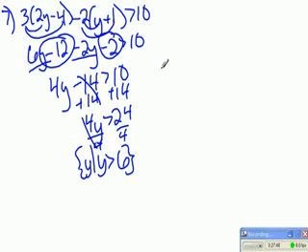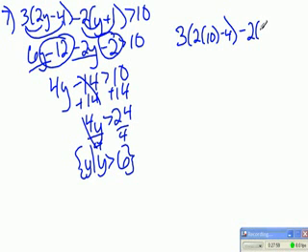We need a number bigger than 6. I choose 10. 3 times 2 times 10 minus 4 minus 2 times 10 plus 1 greater than 10. Alright. 2 times 10 is 20 minus 4, 16.